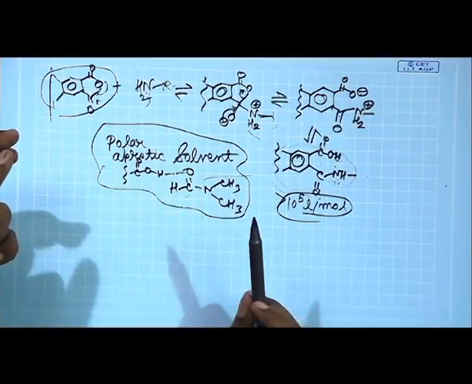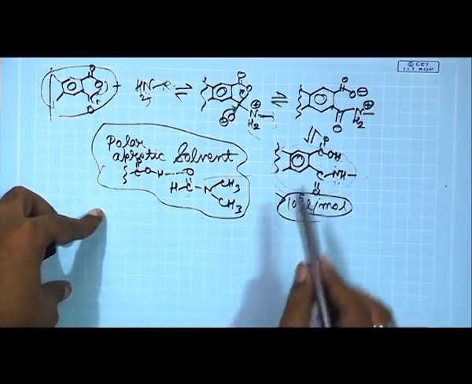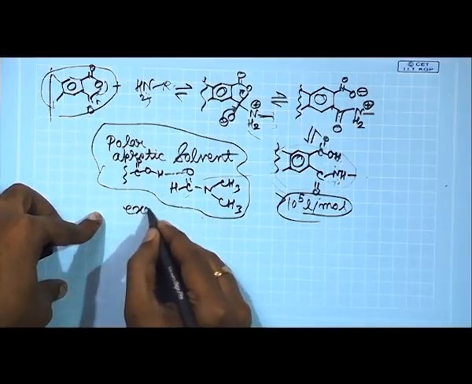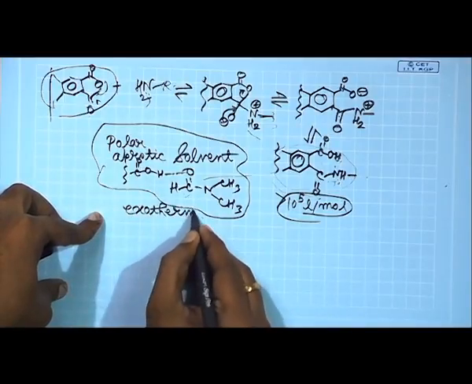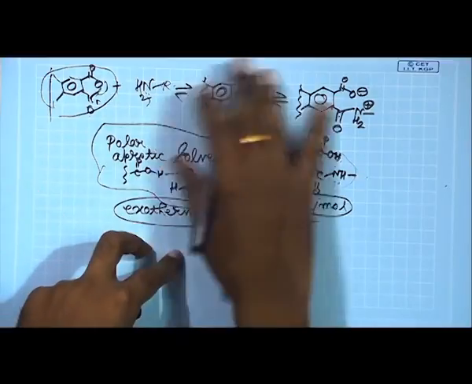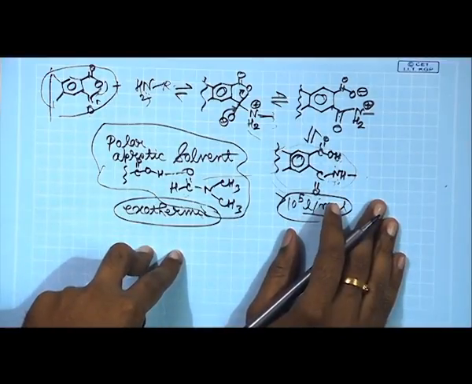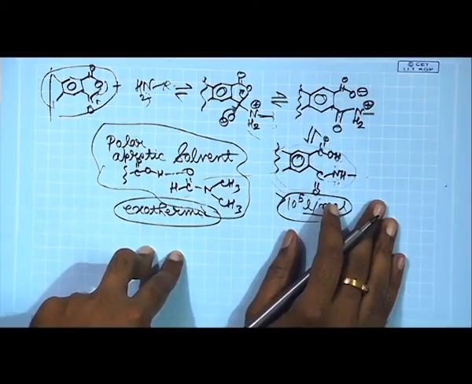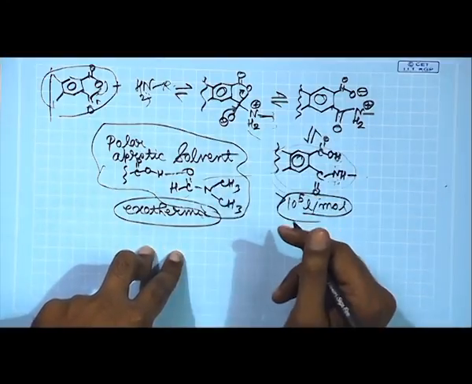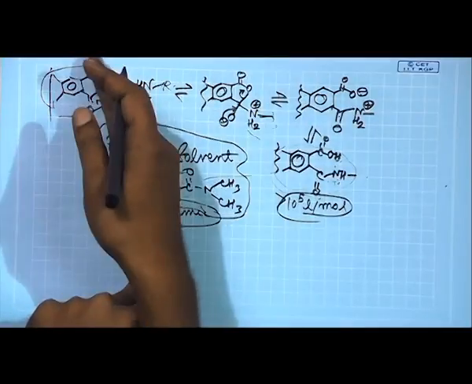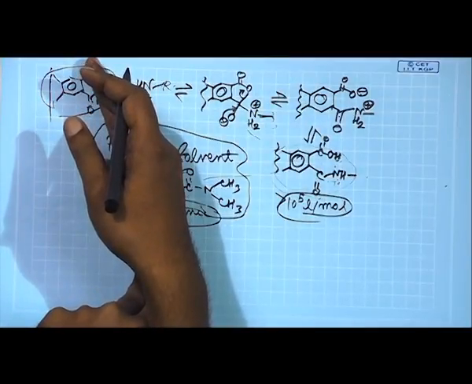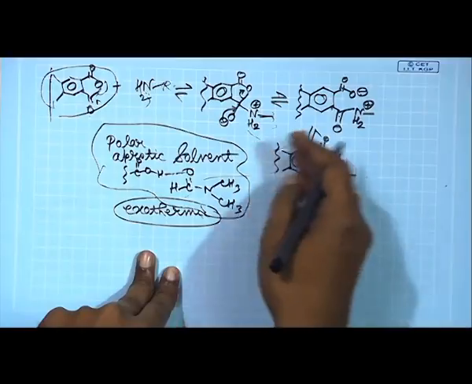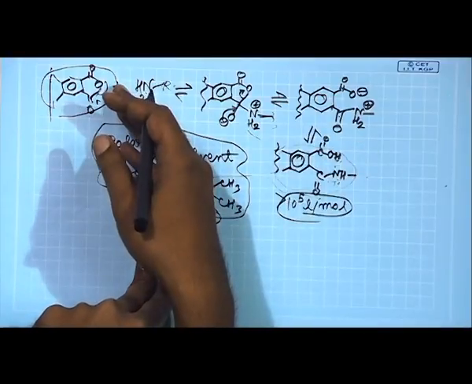This is one thing. Second thing is that this forward reaction is exothermic, meaning that it liberates heat. Since the forward reaction is exothermic, if you do the reaction at a high temperature, then the equilibrium will be shifting to the left. That means the molecular weight of your polyamic acid will decrease. That is what you do not want.